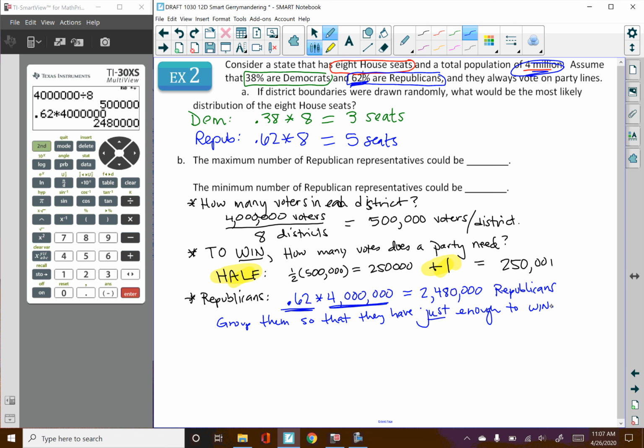So to find the maximum number of districts, we're going to divide those Republican voters into groups that are just big enough to win. So how many groups do we have that are just big enough to win?